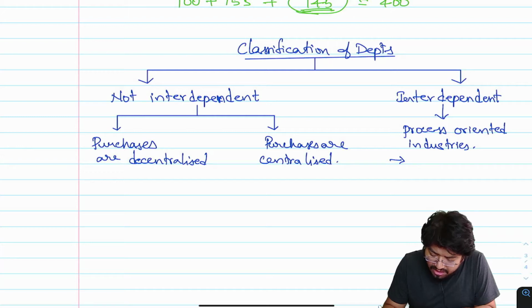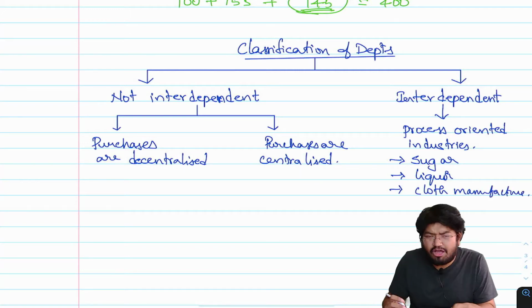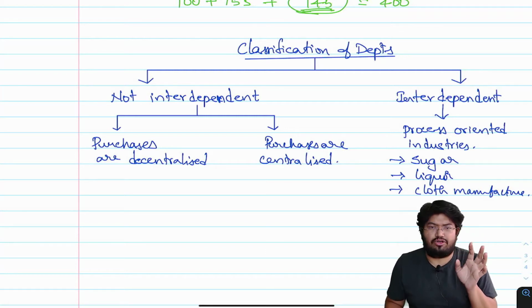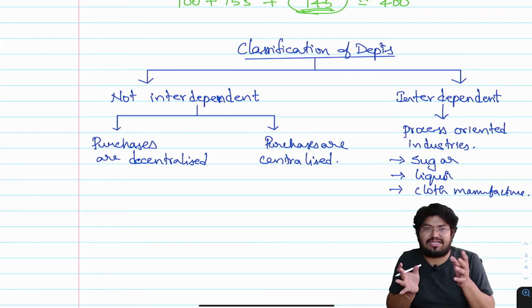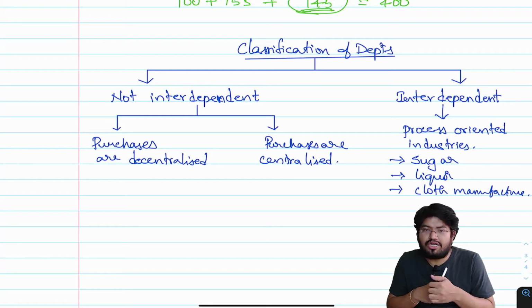Best example, you can take sugar manufacturing units or liquor manufacturing units, or you can consider cloth manufacturing units. Okay, predominantly almost every manufacturing unit will fall into this category only, because without a particular process to be done, you cannot move to the next process. That's why. Okay, so this is what we do in case it is a process oriented industry.